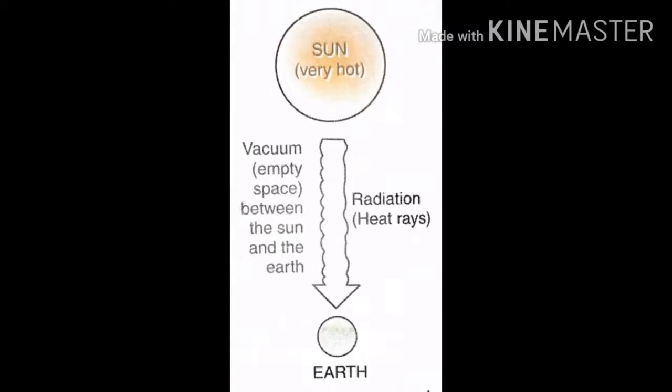We cannot receive the heat from the sun through conduction or convection because conduction and convection need a medium to transfer heat. We receive heat from sun by another way called radiation.